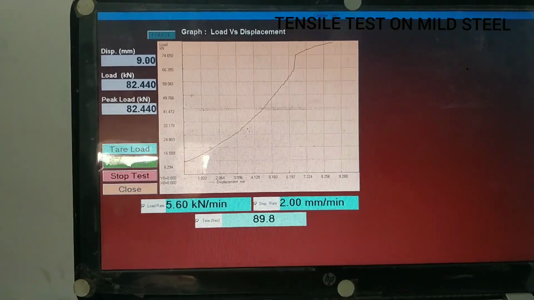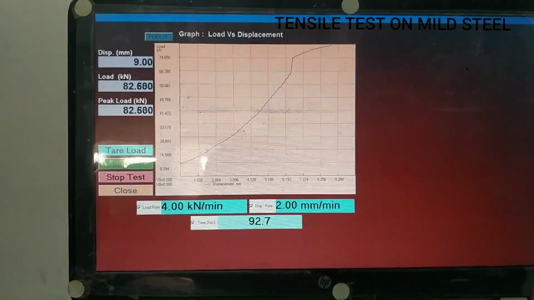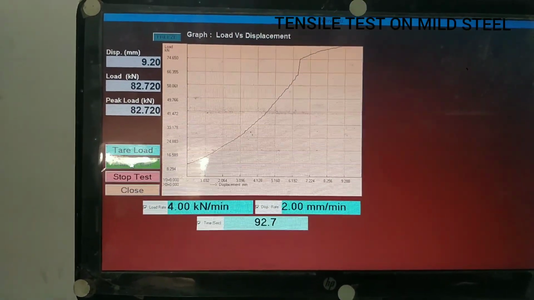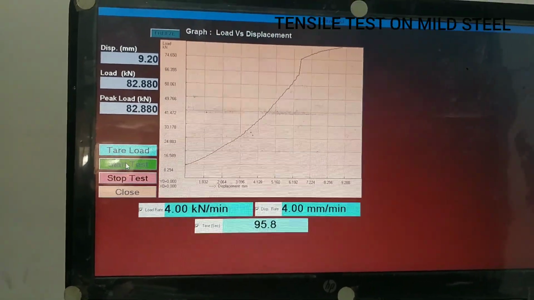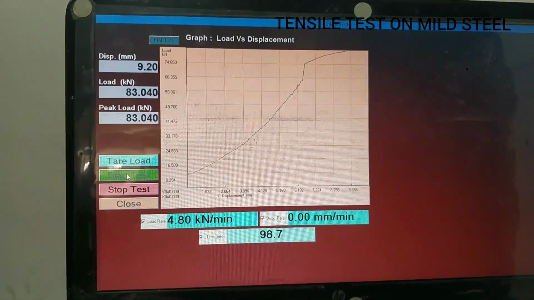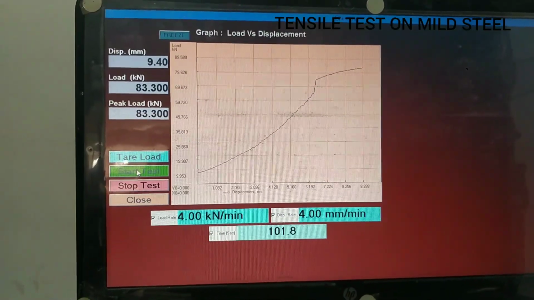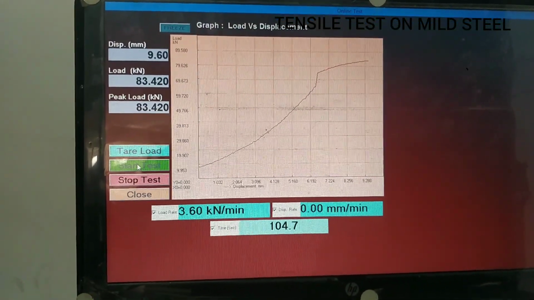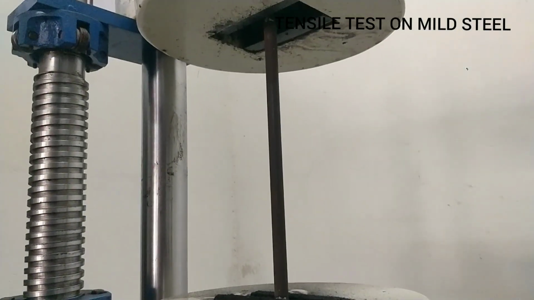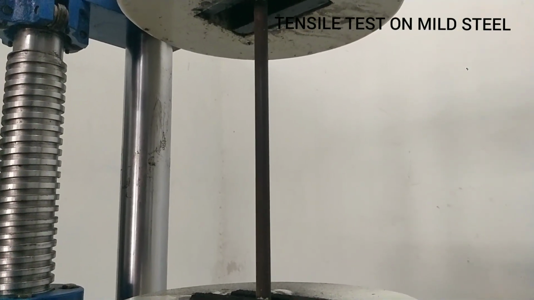As we see the maximum load and breaking load on the stress strain curve, the same thing follows here practically. Around 83 kN load is being applied. We will see whether any portion shows breaking.